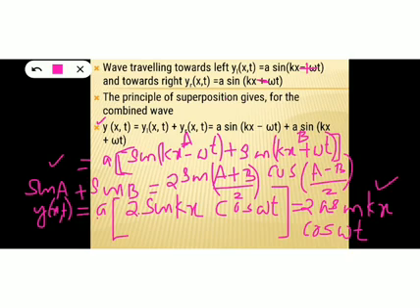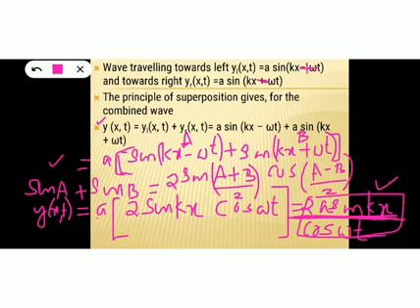So when two waves having the same frequency and amplitude traveling in opposite directions superimpose, we get a resultant wave, and the resultant wave is represented using this expression 2A sin kx into cos omega t, where 2A sin kx represents the amplitude of that resultant wave.